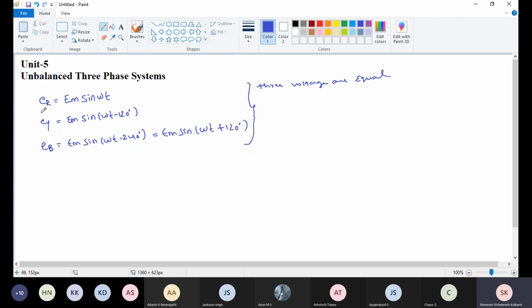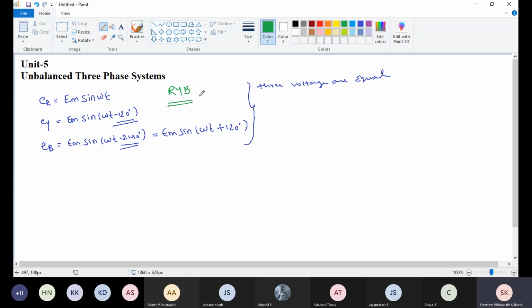If I take ER as my reference, Em sin omega t, EY is displaced from ER by 120 degrees. Same for EB, with ER as the reference, minus 240 degrees. Here my phase sequence is R, Y, B.